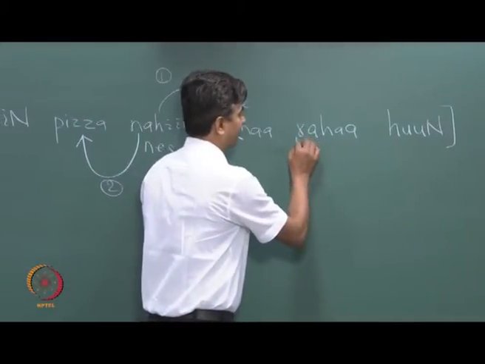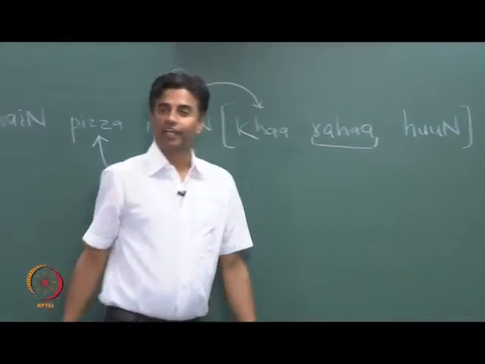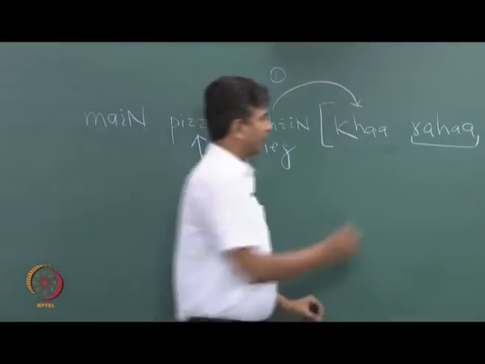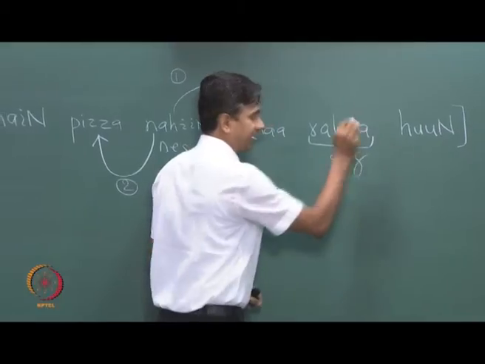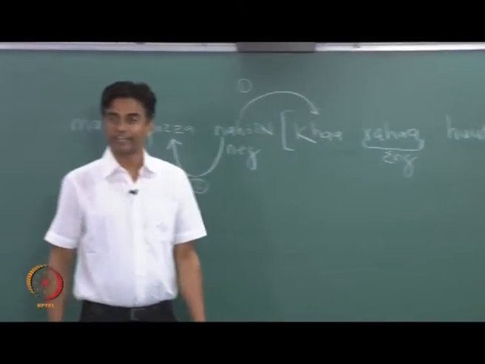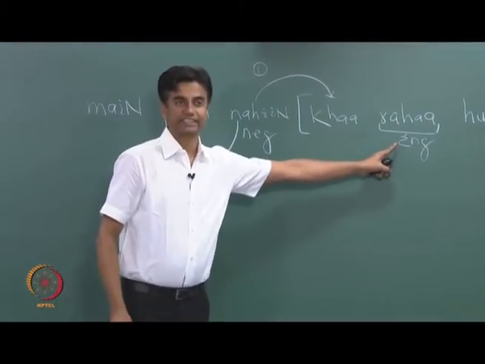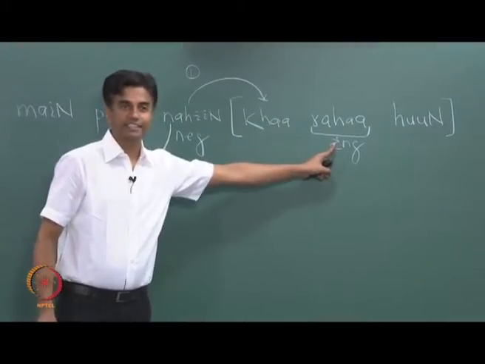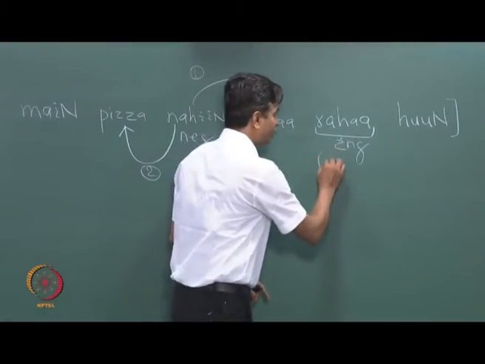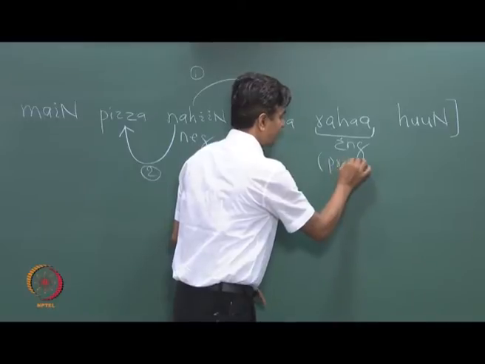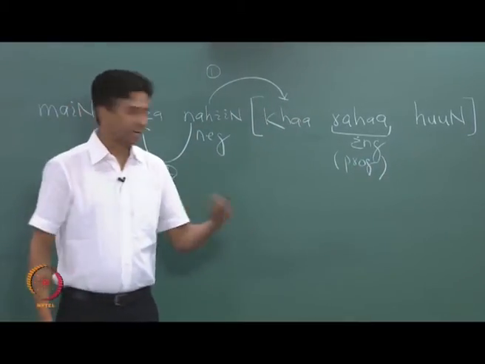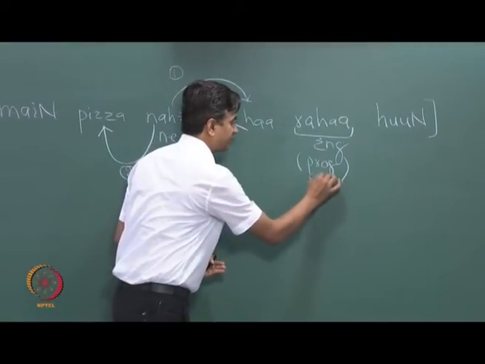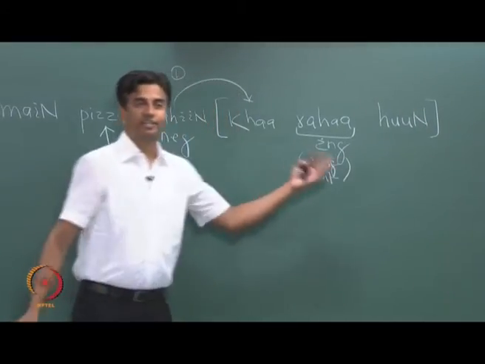Look at this. In Hindi, in a language like Hindi, this part of the verb is the only marker of aspect which roughly translates as ing, right? Eating. Agree? Roughly translates as ing, which is also called progressive aspect marker or continuous aspect marker. These are the terms for this.